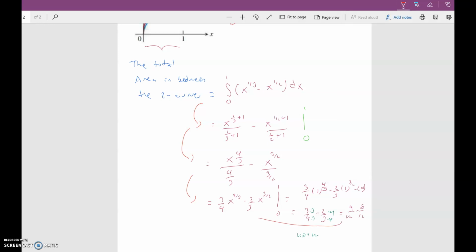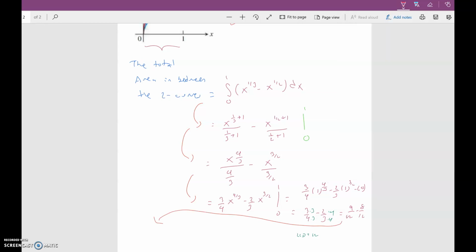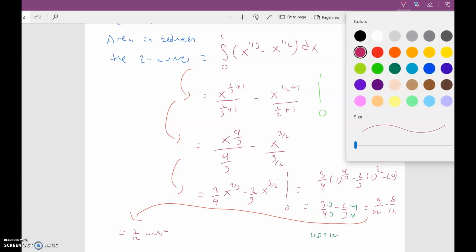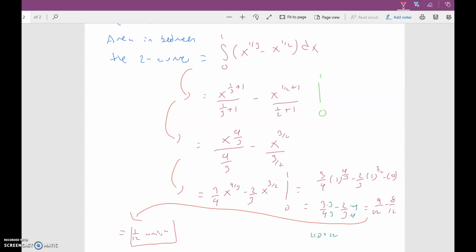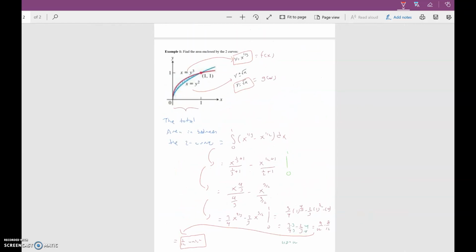This is going to give us, let me rewrite the answer here, a total value of 1/12. And it is total area, so this is going to be 1/12 units squared. That would be the total area in between the two curves.